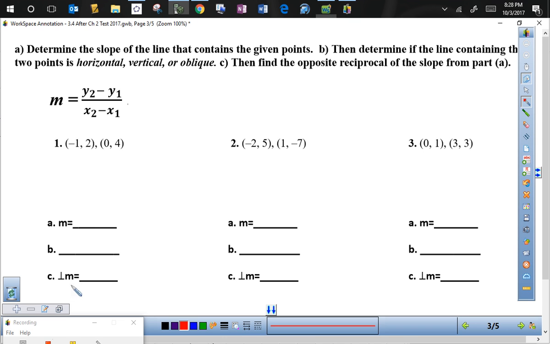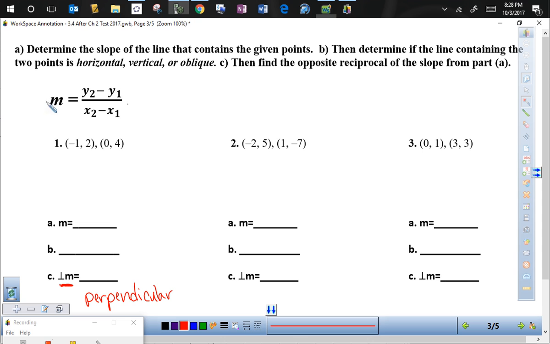Notice that the notation for part C has this big upside down T and the M. Remember, M is our symbol for slope. This upside down T means perpendicular. We're going to talk about this a lot next time, but perpendicular lines will have opposite reciprocal slopes, and that's why we're practicing finding the opposite reciprocal here today.